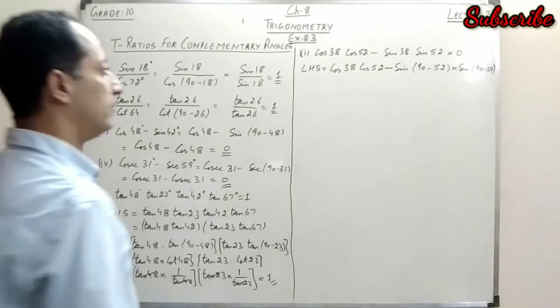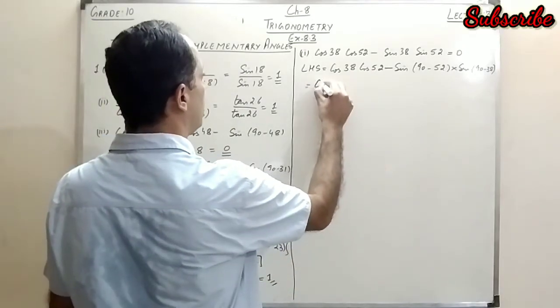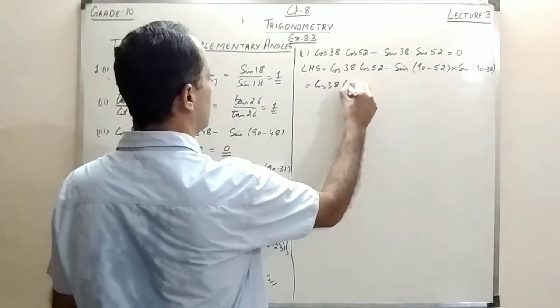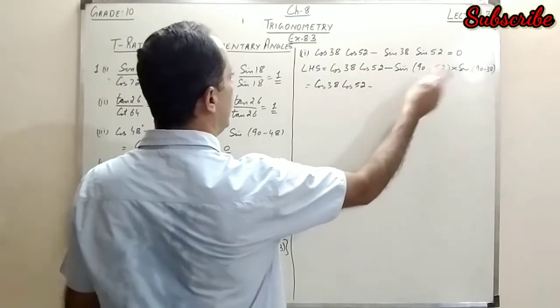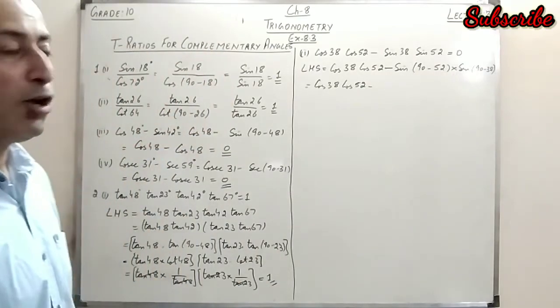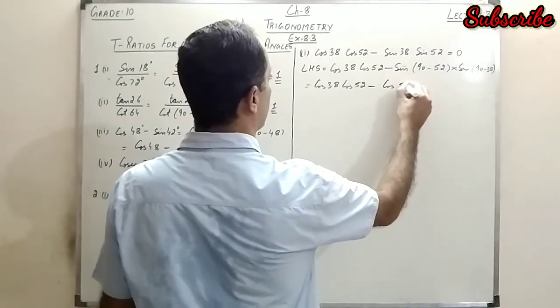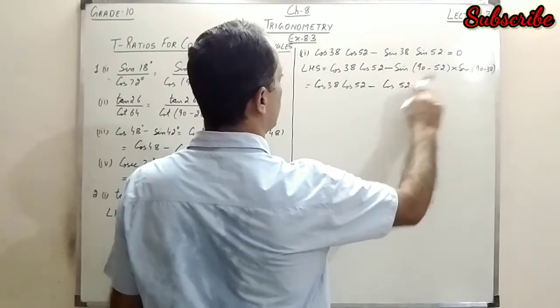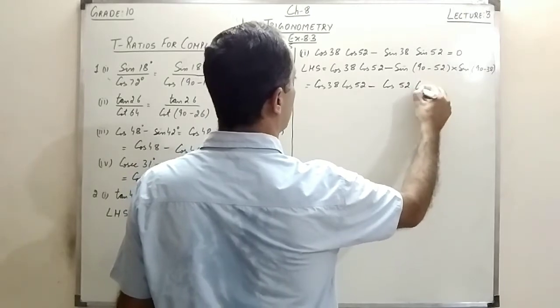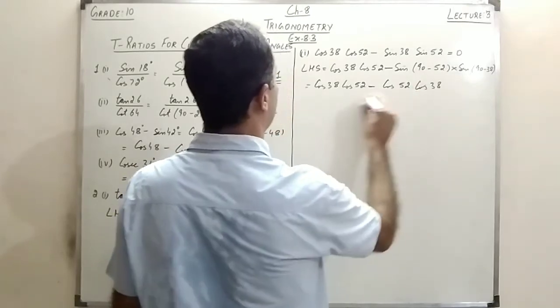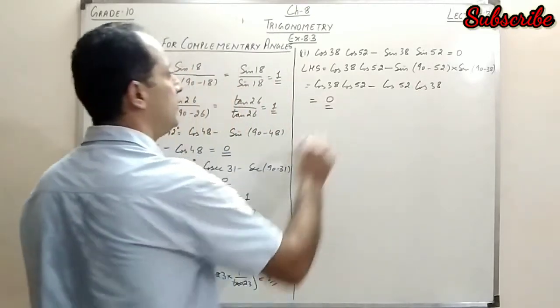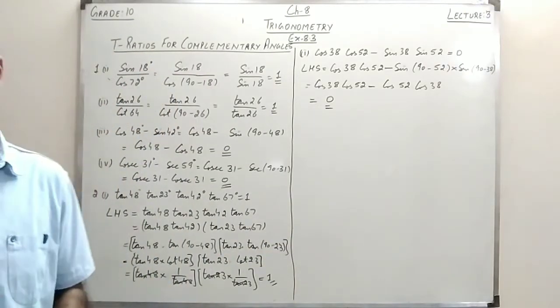Right? Now, we know that sin of 90 minus A or theta is cos theta, and this here similarly becomes cos of 38. And now since both are equal, the answer becomes 0, that is the RHS. Right?